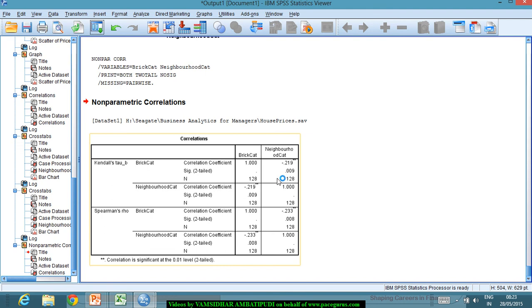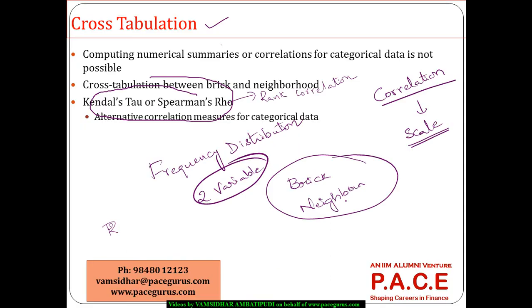Now here also I could see in case of Kendall's tau it is minus 0.219, whereas here it is minus 0.23. It is hardly any kind of a big number. So they are more or less independent. There is no pattern that is existing between the two variables, right?